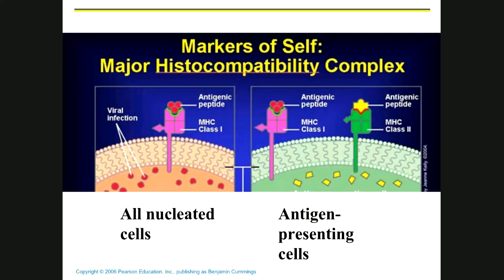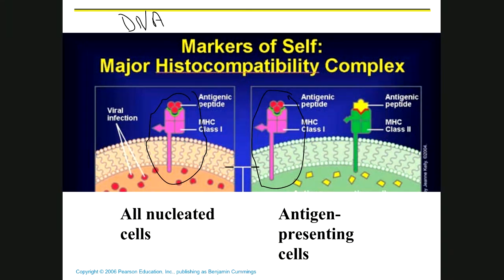So we have markers. Well, the markers are proteins is what they are. And they're controlled by your DNA. So you got DNA from your mother, you got DNA from your father, and the DNA then is going to control this protein, and it gets expressed on all your cells.